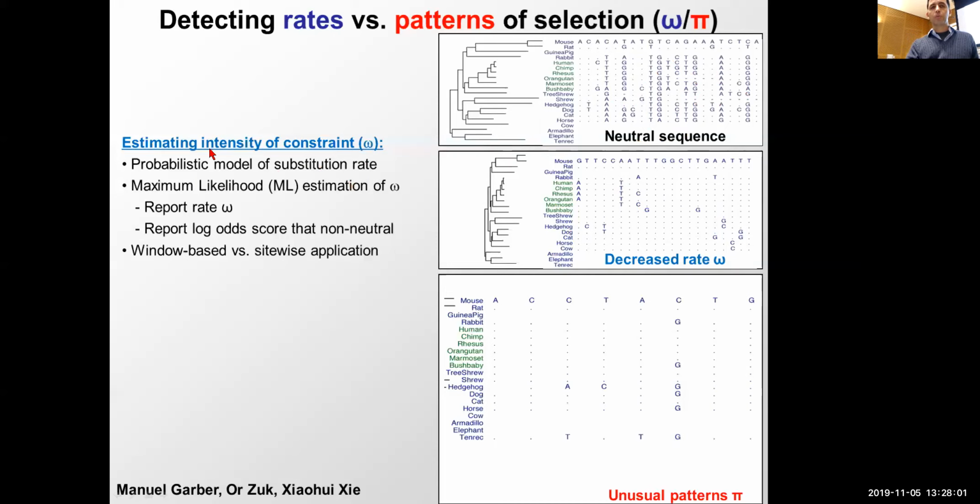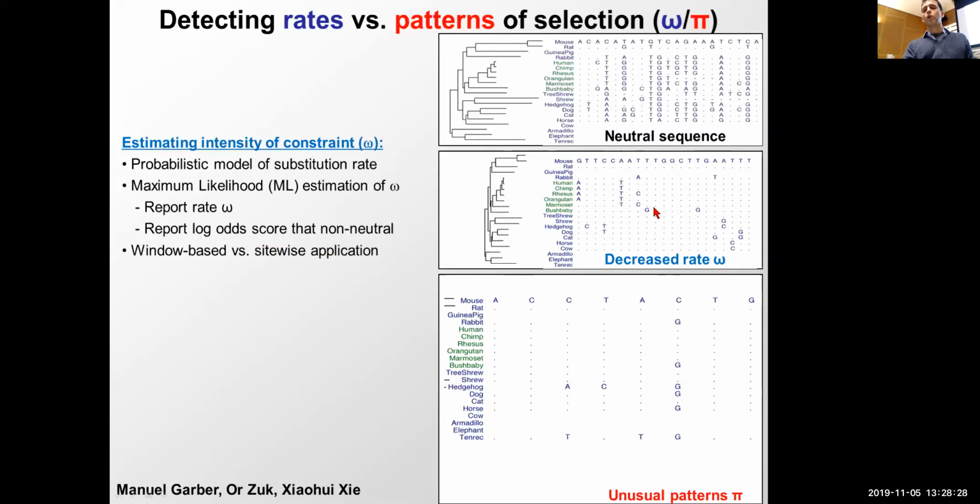So you can actually build a model of your substitution rate. You could estimate the maximum likelihood estimate of your substitution rate, or the maximum a posteriori estimate, by having some prior distribution for what evolutionary rates look like across the genome. And then you could report both the rate that you estimated, that maximum likelihood estimate, and also the log odds score that the rate is non-neutral based on the total number of substitutions.